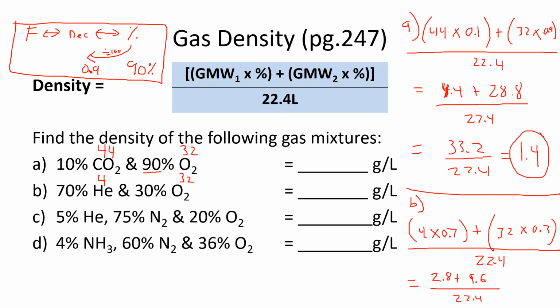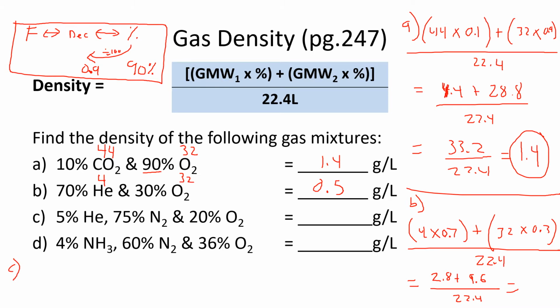Come on, guys, you've got calculators. You have to punch it in quicker. What's the density? How many grams per liter? I got about 0.5.